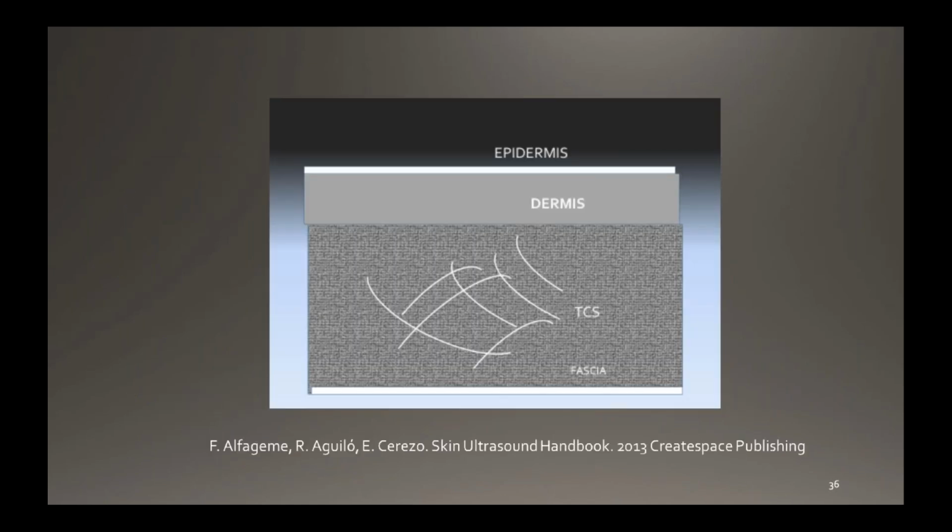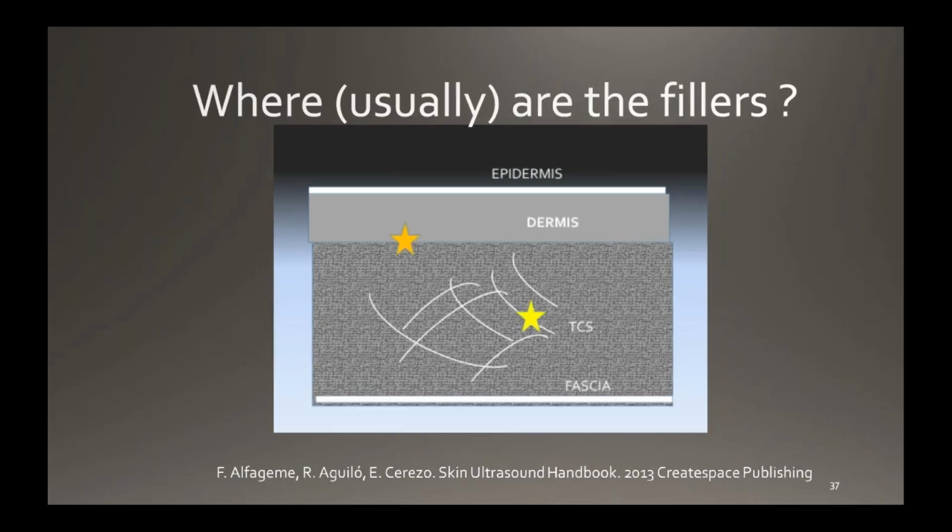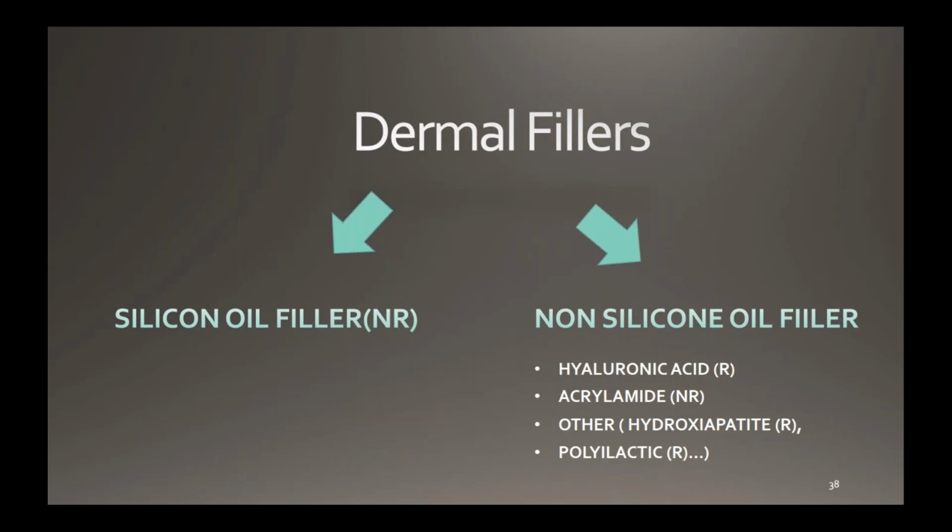Remember, always refer to this kind of schema of the skin with the epidermis, dermis, and subcutaneous tissue. Where should we look for our filler? Mainly in this area, in the dermal junction for superficial fillers and subcutaneous tissue for deep fillers. Then this is the area you have to look at.